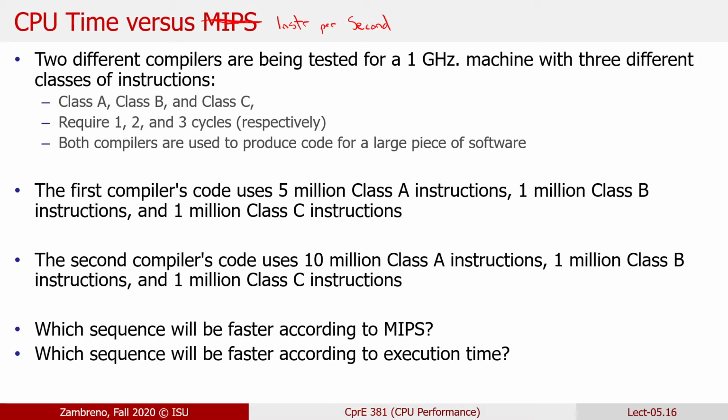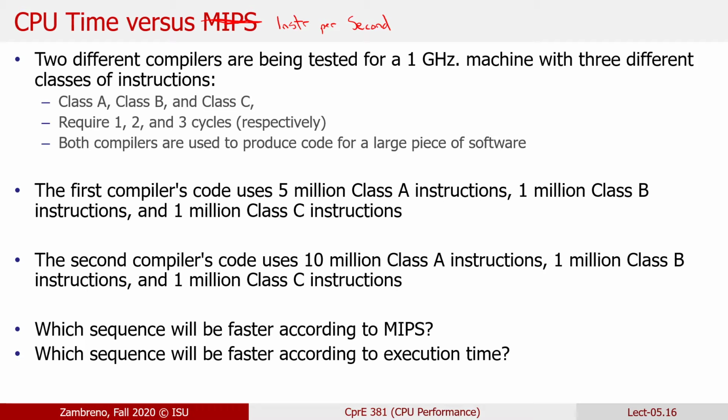But if instead we fell down this trap of looking at how many billions of instructions per second my processor can handle, or in this case, the resulting code is demonstrating, then the second compiler would look to be a better option for us. Because while it is 50% more cycles here, the average CPI for that code for the second compiler is going to be better because it's a larger percentage of those Class A 1 cycle instructions.